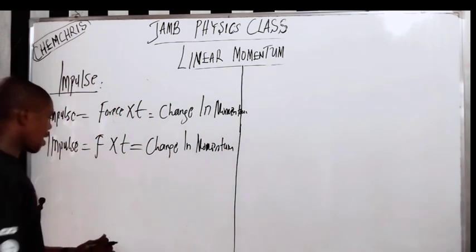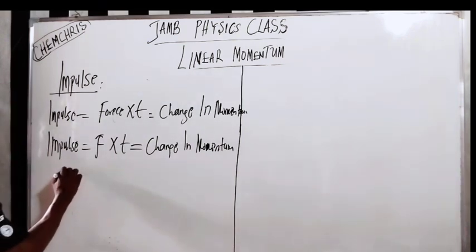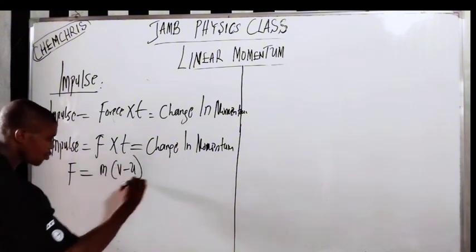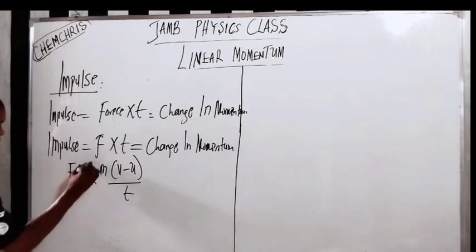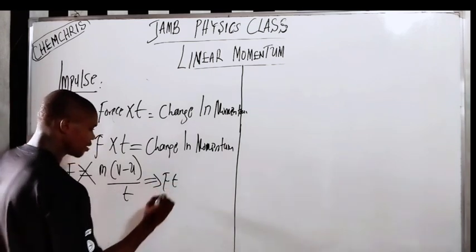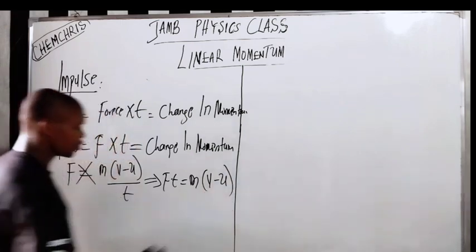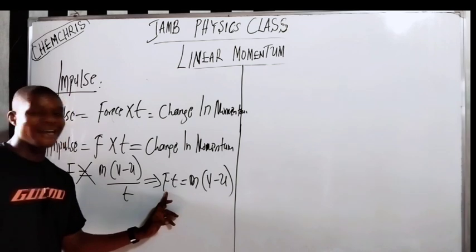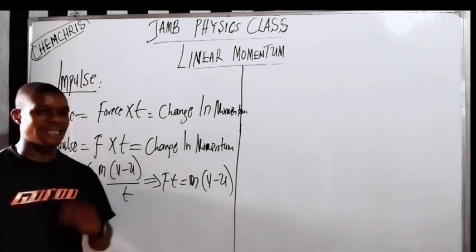Right there. So remember, from Newton's second law of motion, we have derived F equals M (V minus U) over T. If you cross multiply, you're going to have F T equals M (V minus U). So impulse is the product of force and the time it acts on the object.